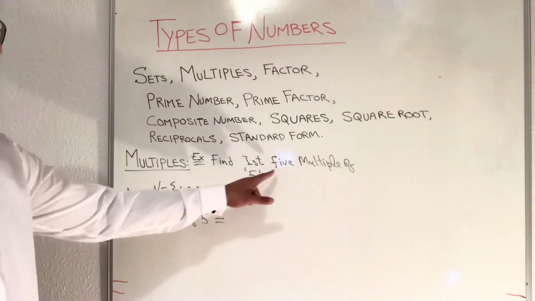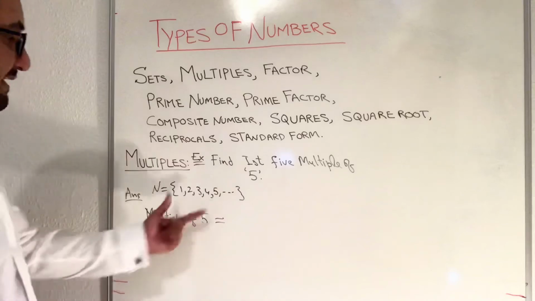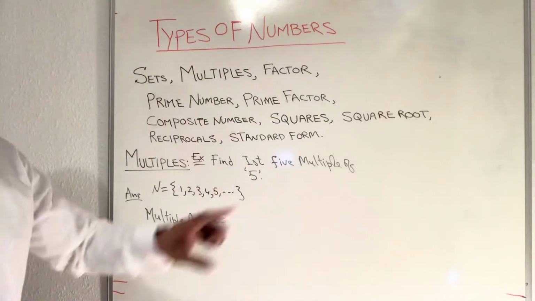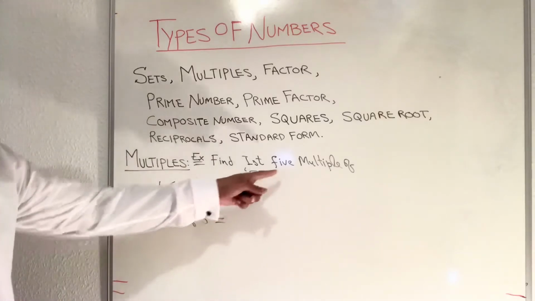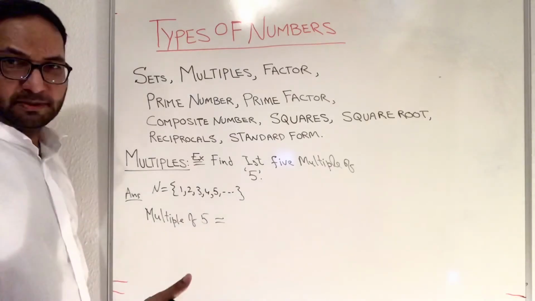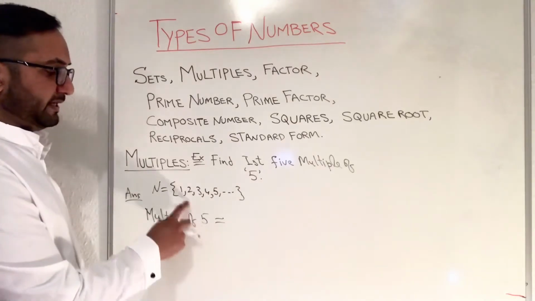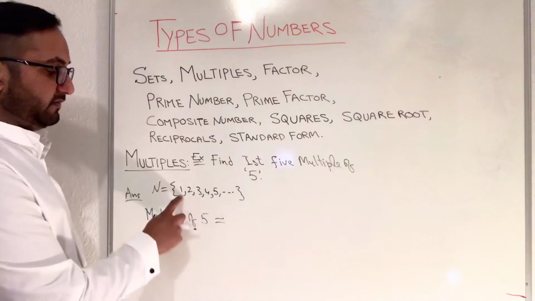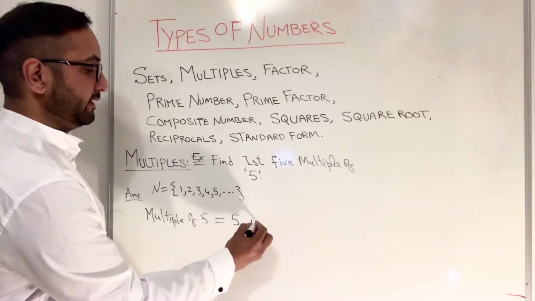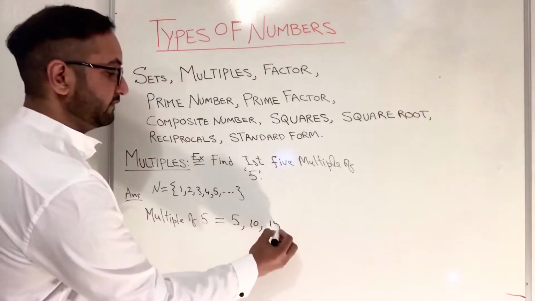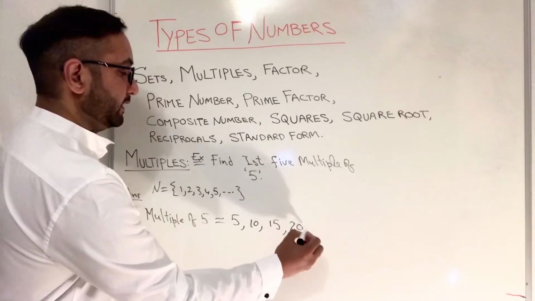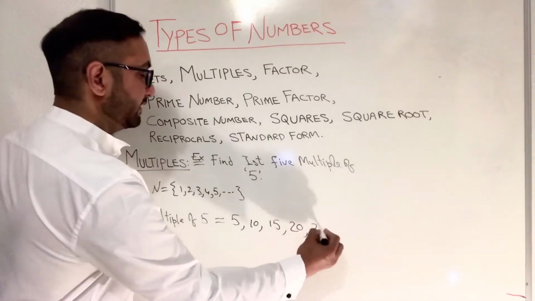Whenever they say first 5 multiples, you always select natural numbers, which start from 1, 2, 3, 4, 5 up to so on. Since they said only the first 5, this is just like a times table: we multiply that number by each number. 5 times 1 gives 5, 5 times 2 gives 10, 5 times 3 gives 15, 5 times 4 gives 20, 5 times 5 gives 25.